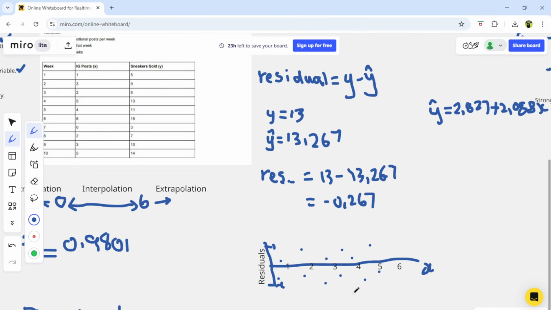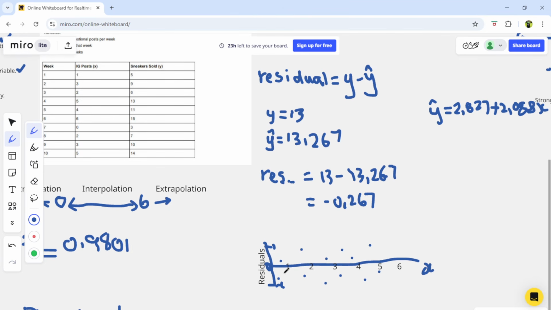Now, how do you interpret this residual plot, or graphical representation of the residuals? If the points are closer to this line over here, then you say the least squares line fits the data, or there's a good distribution, a normal distribution of this data, because you can see they're closer to this line of 0.